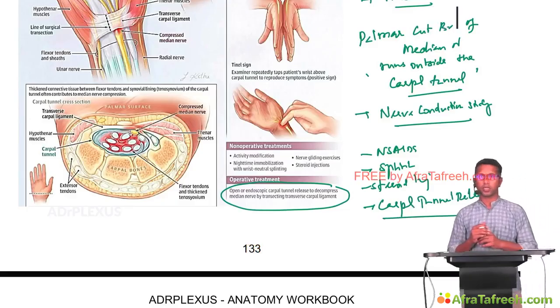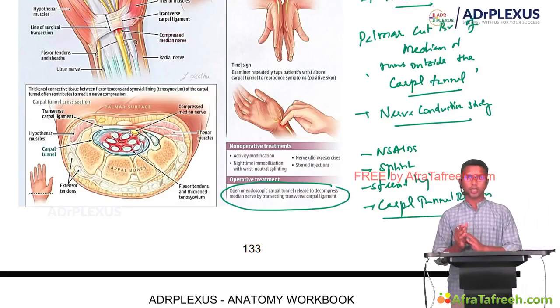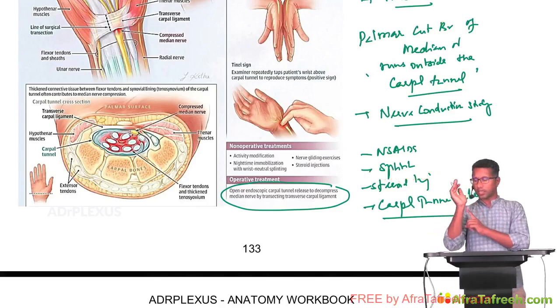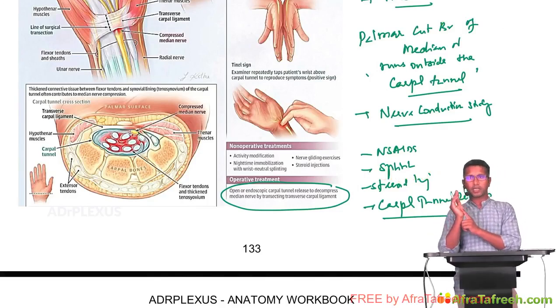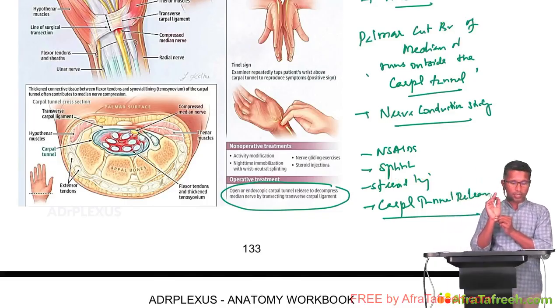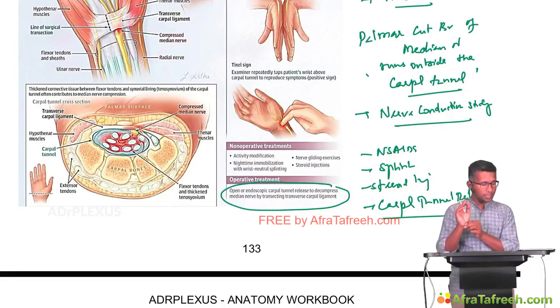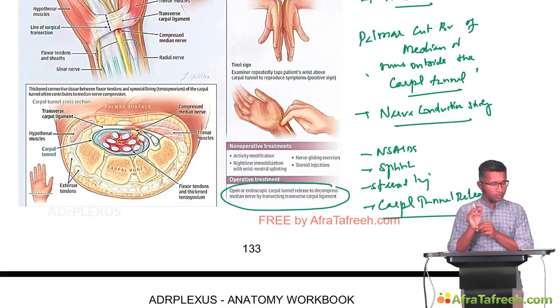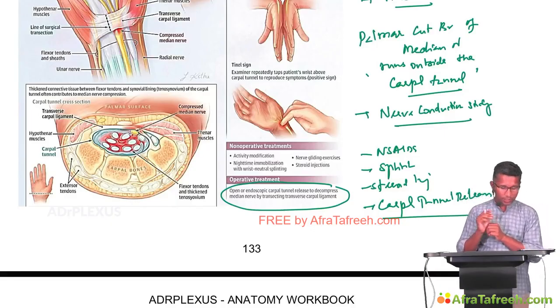So the take home message at this junction is that there is a tunnel in the wrist called the carpal tunnel. Through the carpal tunnel runs a nerve called the median nerve. Median nerve compression in this carpal tunnel results in carpal tunnel syndrome. Yes, somebody has answered, Soumya, very good.